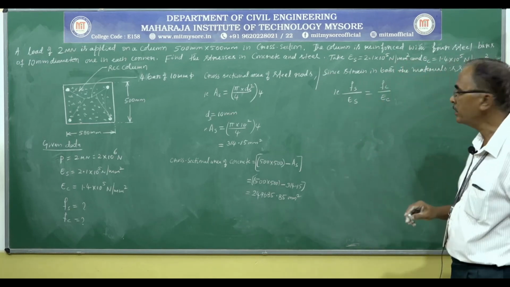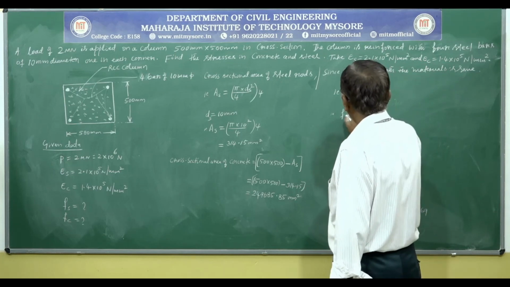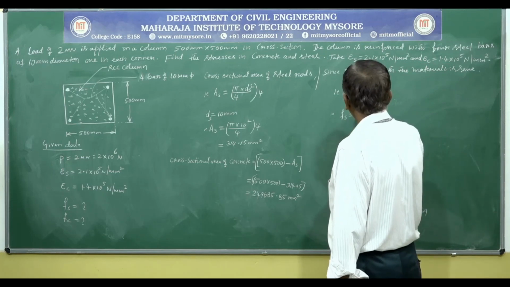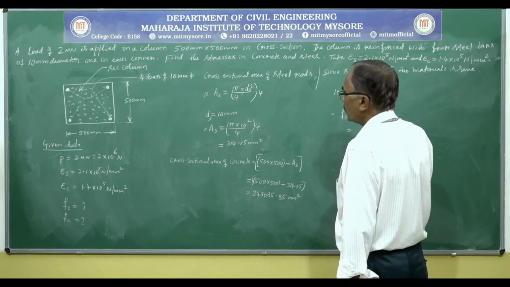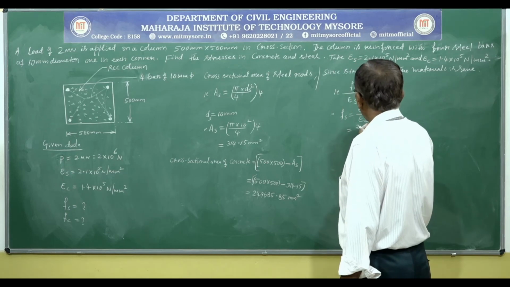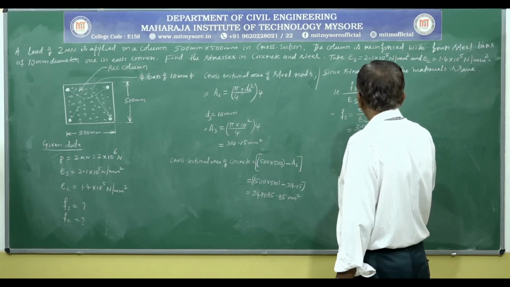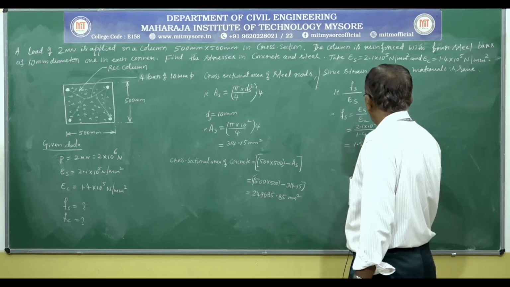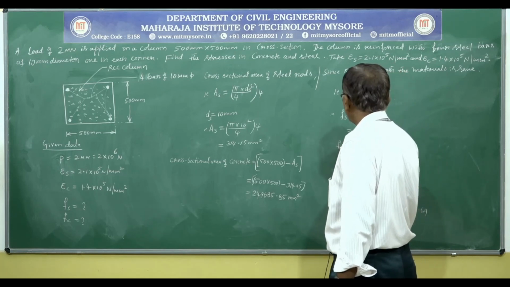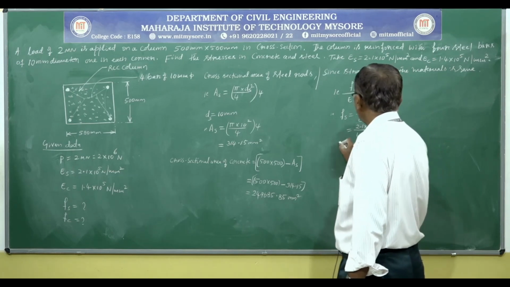Strain in steel is equal to strain in concrete. That is, Fs is equal to Es divided by Ec into Fc, that is equal to 2.1 into 10 power 5 divided by 1.4 into 10 power 5 multiplied by Fc. So stress in steel is equal to 1.5 times Fc.